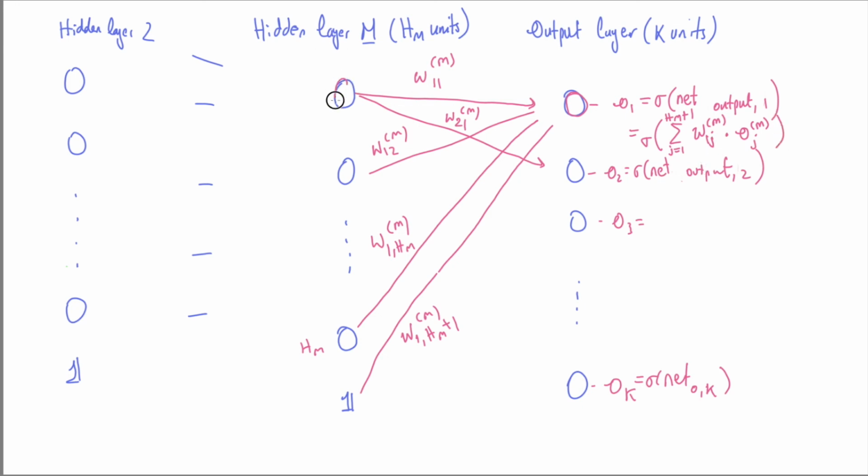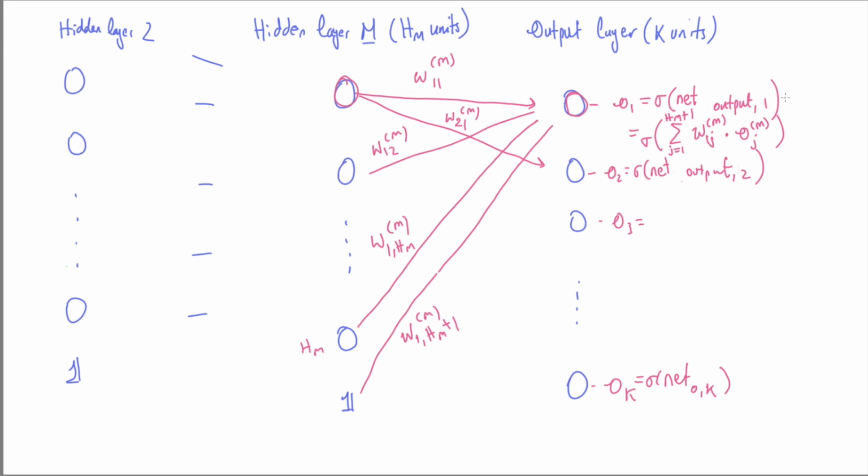Okay, we know that this guy is going to compute an output, and that output is going to be called output 1 for the nth layer. So this guy is just taking those outputs from the previous layer, taking a weighted combination, and taking the sigmoid of them. Okay, so everything is the same from layer to layer. All that's really changing is the indexing, and the number of hidden units can change. Okay, but the general idea is the same.